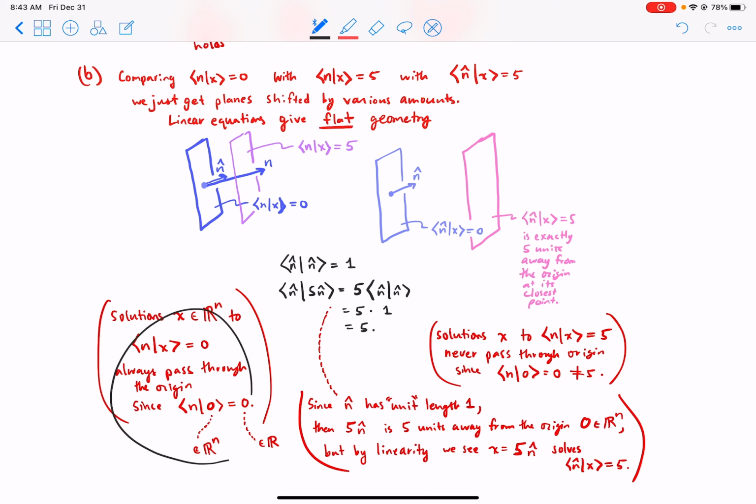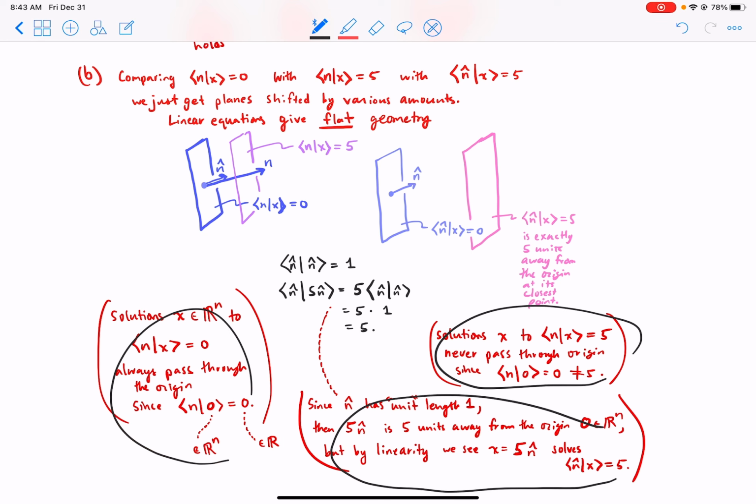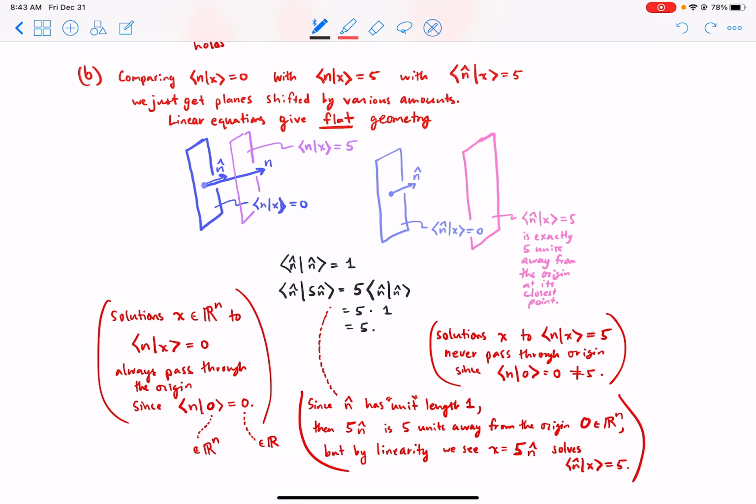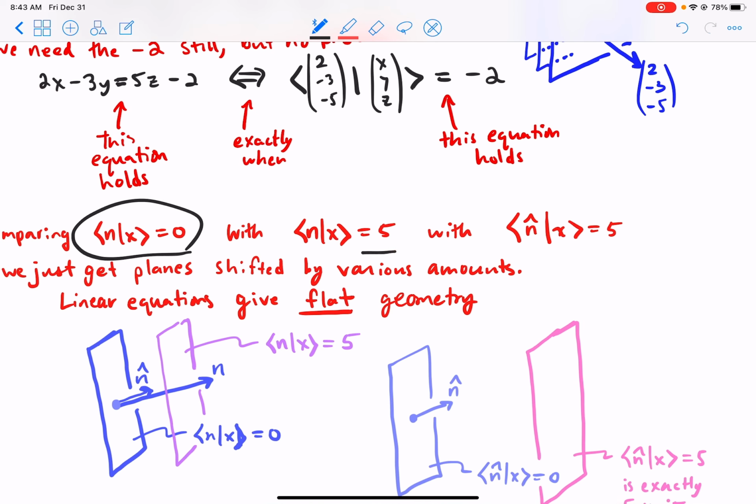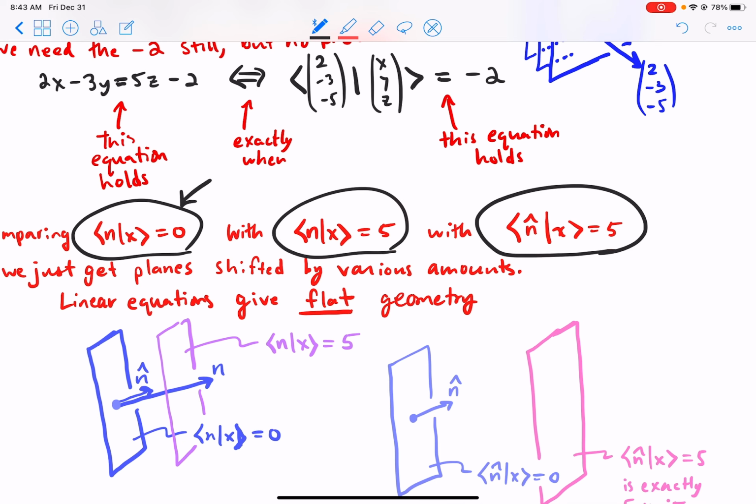And here's the origin. It does not have the origin, and it's 5 units away. And those are the main differences between this equation and this equation. One includes the origin as a solution, the other is shifted off the origin. All solutions are shifted off. And here they're shifted by exactly 5 units because we used a unit vector.